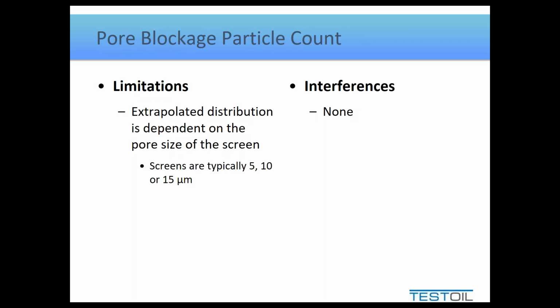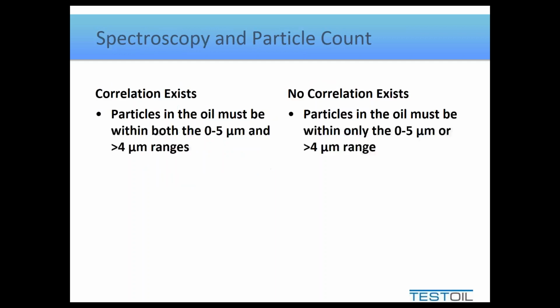Unless they're roughly around 4 to 5 microns in size, it's quite possible that only one test will see or measure those particles. So when comparing these two tests, we need to understand: is there a correlation or is there not a correlation?